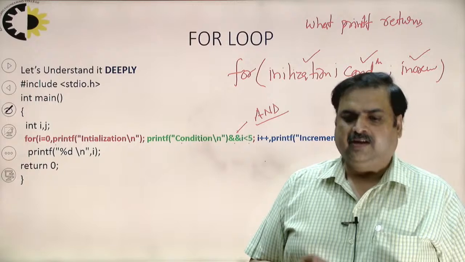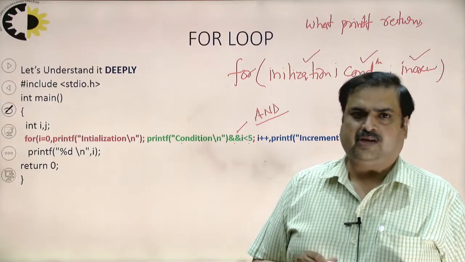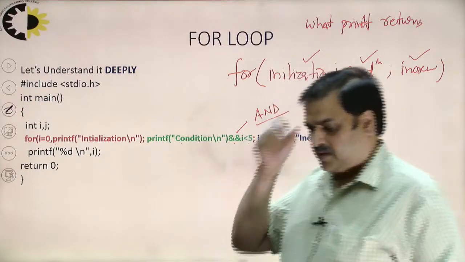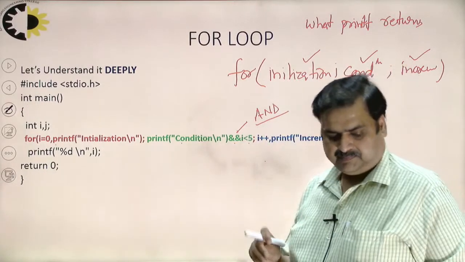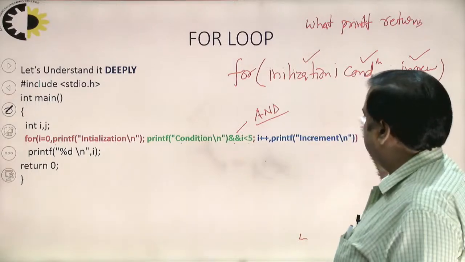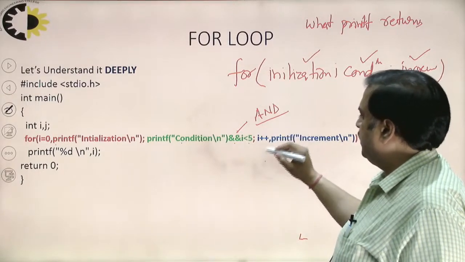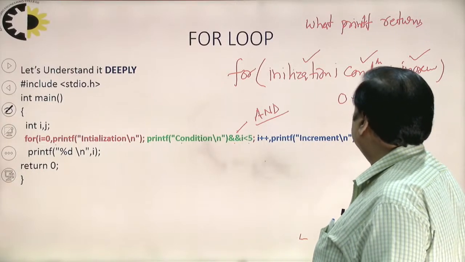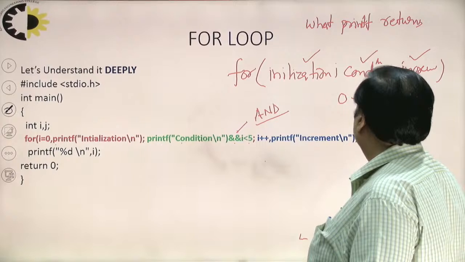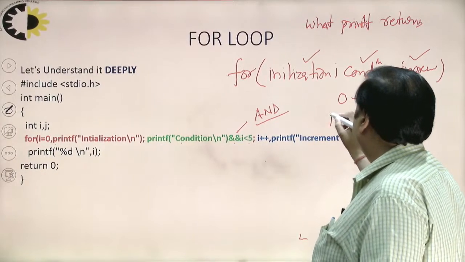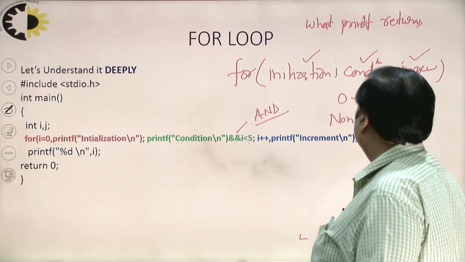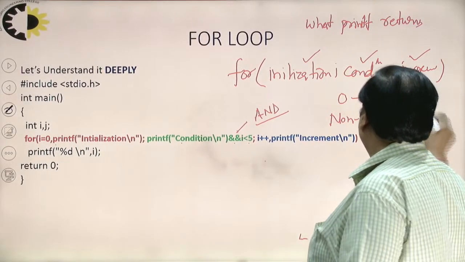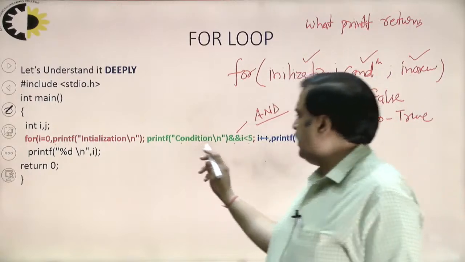Okay. So in case of C, 0 refers to false and non-zero refers to true.